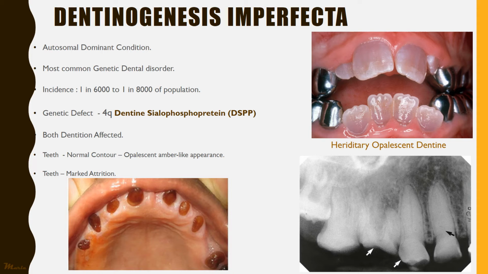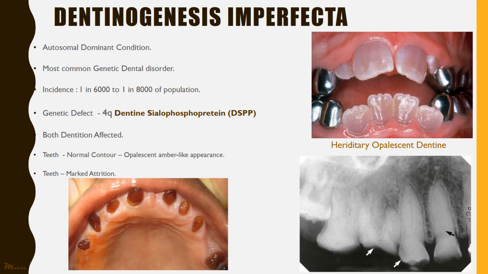The gene which is related to dentinogenesis imperfecta has not been identified. It has been thought that there is some genetic defect which occurs in the long arm of chromosome 4. It has also been found that such a genetic defect will affect the characteristic protein associated with dentinogenesis, that is the dentin sialophosphoprotein.